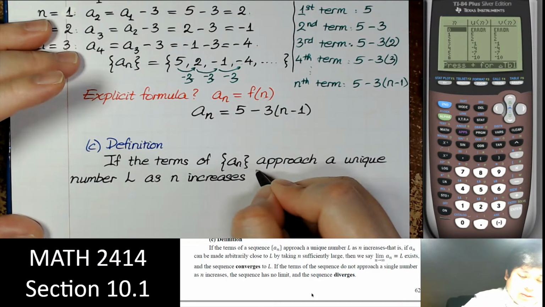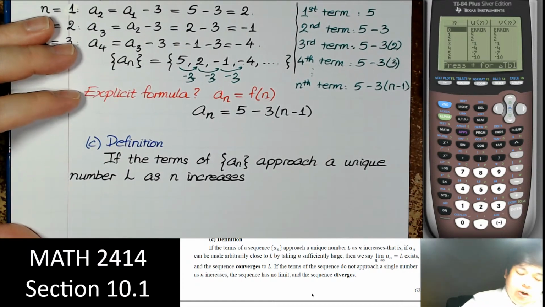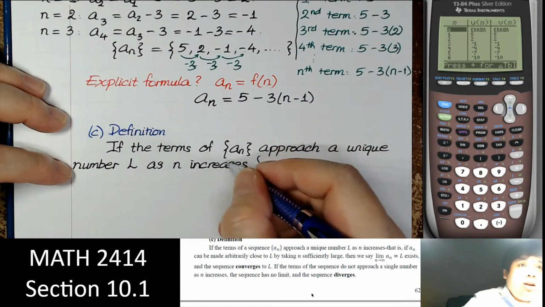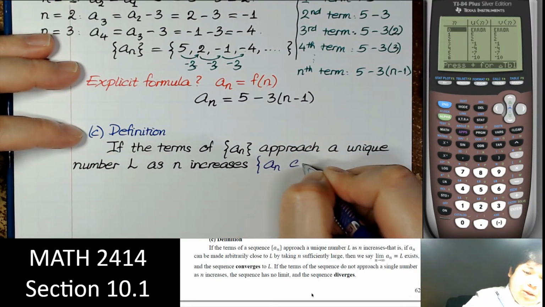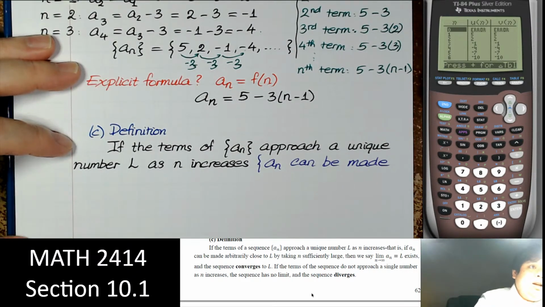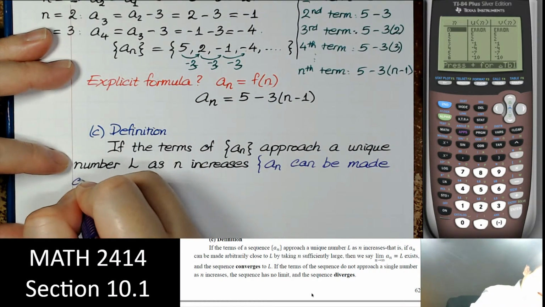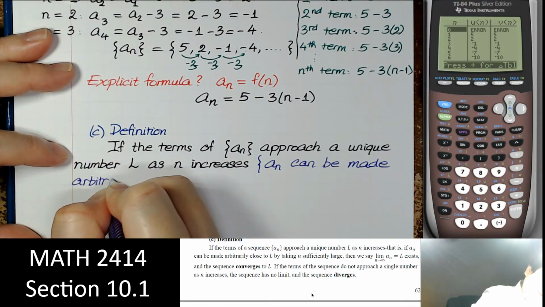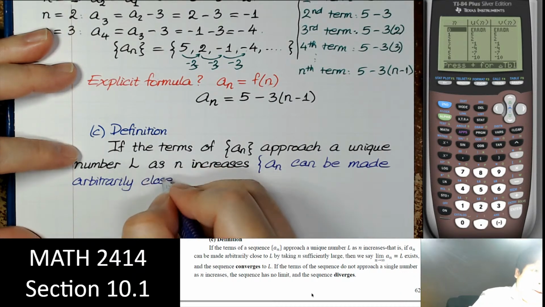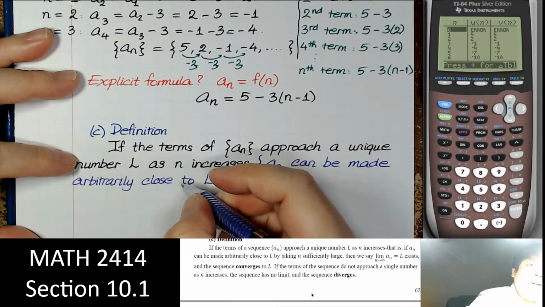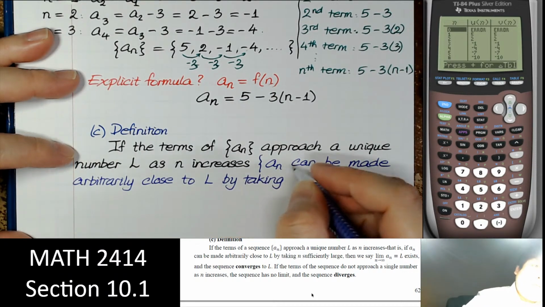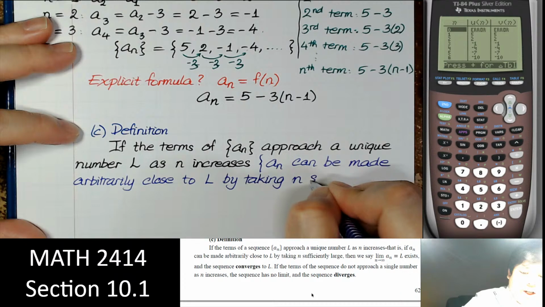Right. And by this we mean a_n can be made arbitrarily close to L by taking n sufficiently large.